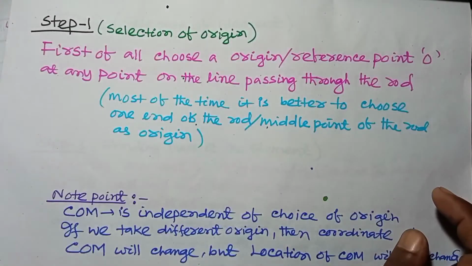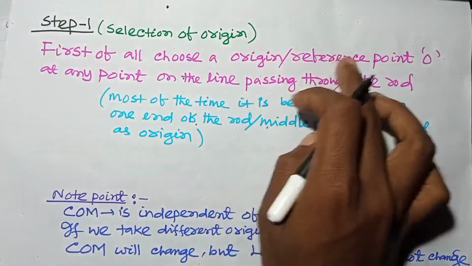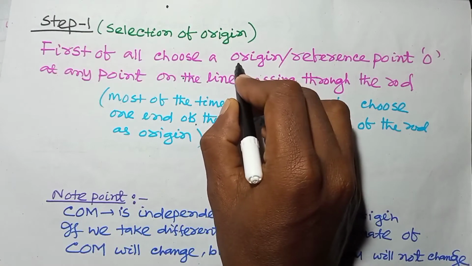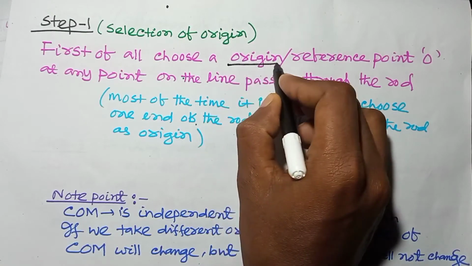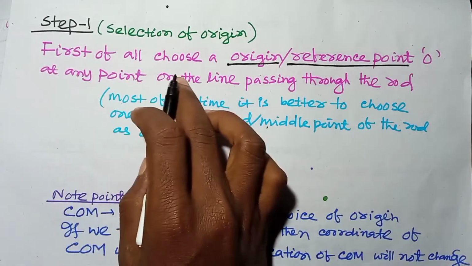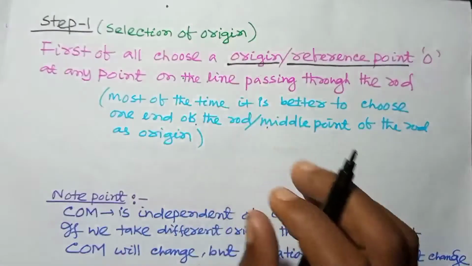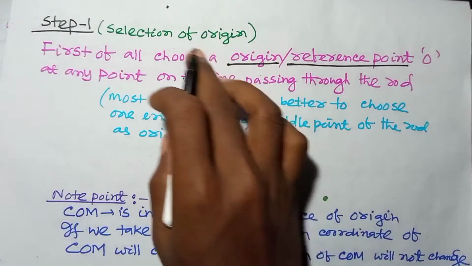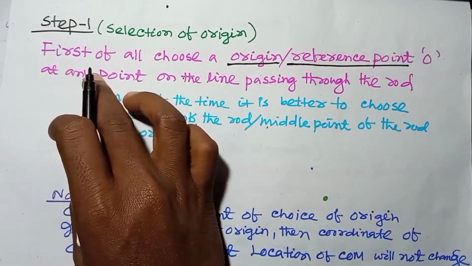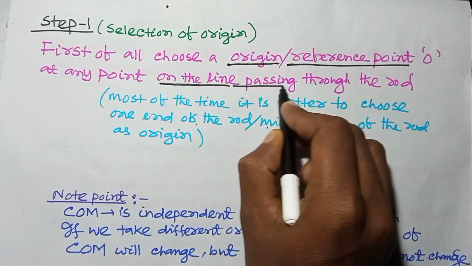First of all, choose an origin or reference point O. We have to choose an origin or reference point O at any point on the line passing through the rod. This is our first step.